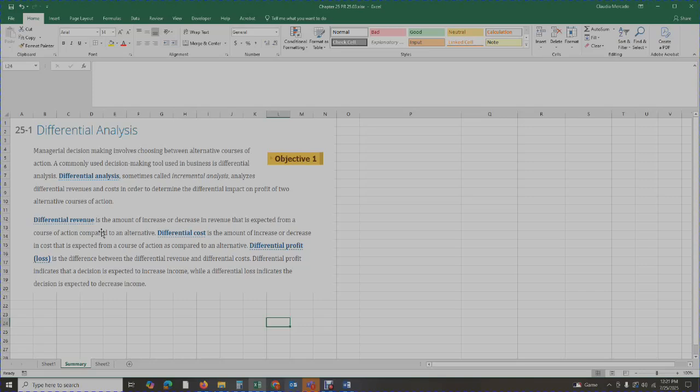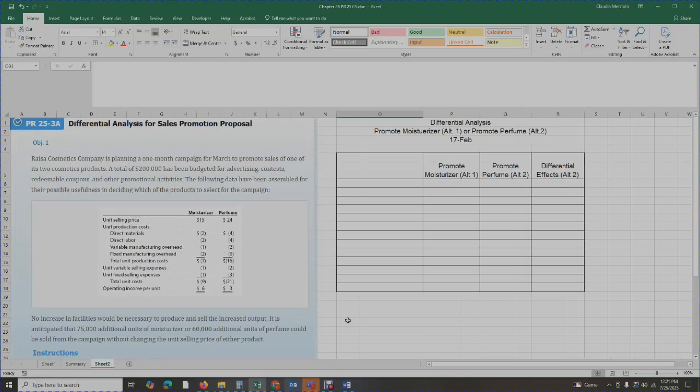Okay. Now let's go ahead and apply this to the scenario that we have. I already have it set up here. So we have Risa Cosmetics Company, which is planning a 1-month campaign for March to promote sales of one of its two cosmetic products. So we have to choose which of the two cosmetic products we're going to push in this campaign.